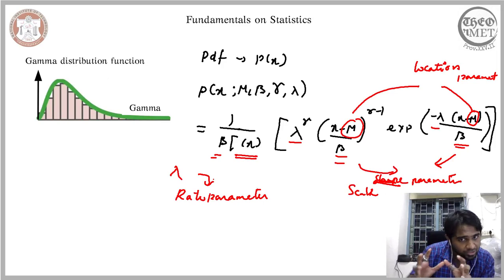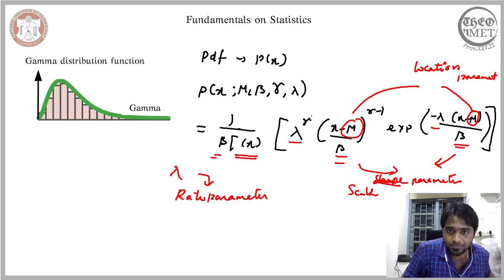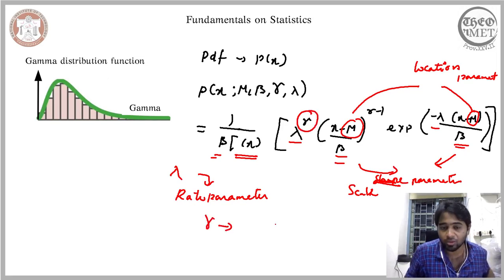These three parameters are also involved in the gamma distribution function. Besides these three, we have one key component of the characteristic feature, which is the gamma function, and apart from that we have this gamma, which is referred to as the shape parameter.